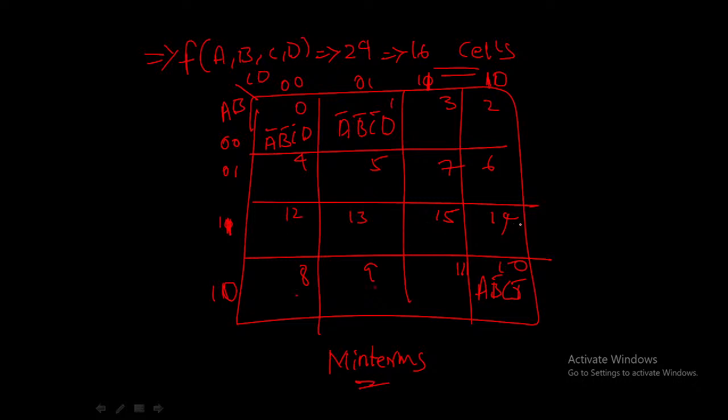So this is about the 4 variable K-map. Your homework is to write the 4 variable K-map for max terms. This is one type of representation. Another type of representation is the 2 variable SOP form. I'll write SOP 2 variable here.